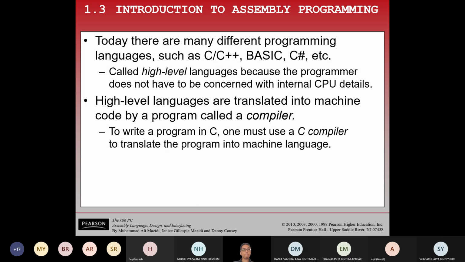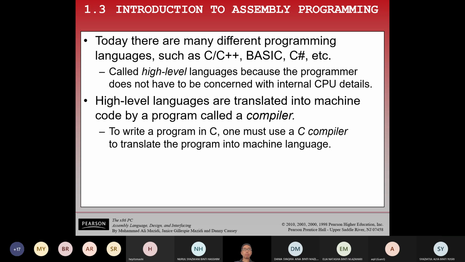I just mentioned C sharp or C++, basics, right? These are all high-level languages, because the programmer does not have to be concerned with the internal CPU details. You are designing software that works on the high level, inside the Windows, not before the Windows. So that's the high-level language.